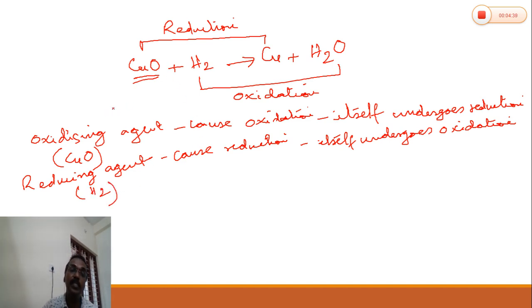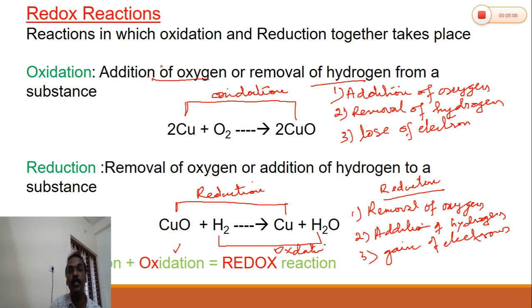So an oxidizing agent causes oxidation, but itself undergoes reduction. Copper oxide is reduced to copper; it has oxygen to give, so it is the oxidizing agent. A reducing agent itself undergoes oxidation, taking oxygen. So hydrogen is the reducing agent and copper oxide is the oxidizing agent. That is oxidation and reduction in a redox reaction.